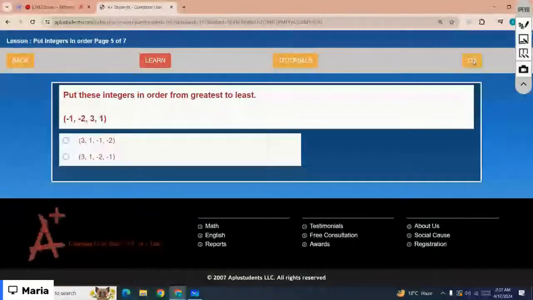Okay, the next one is put these integers in order from greatest to least. So which is the correct option?